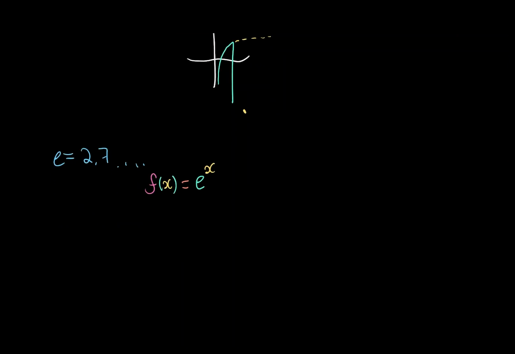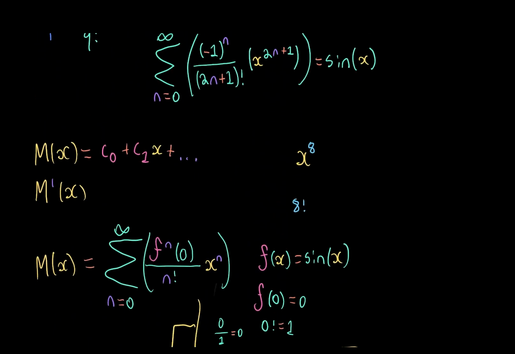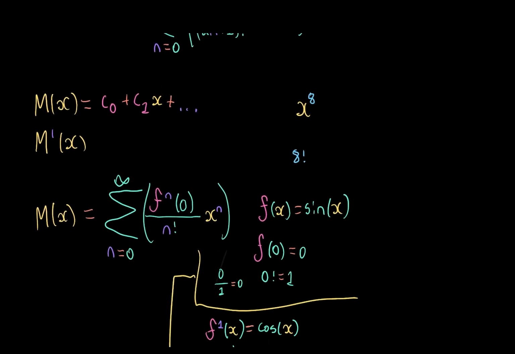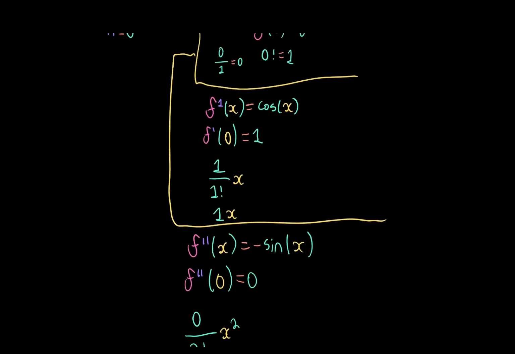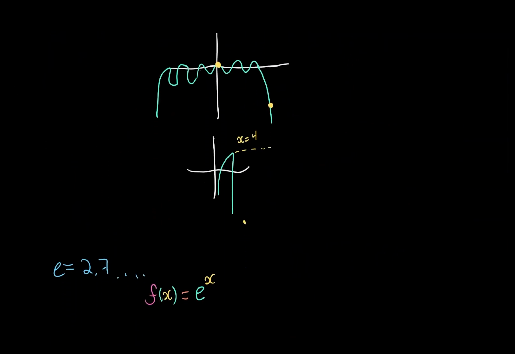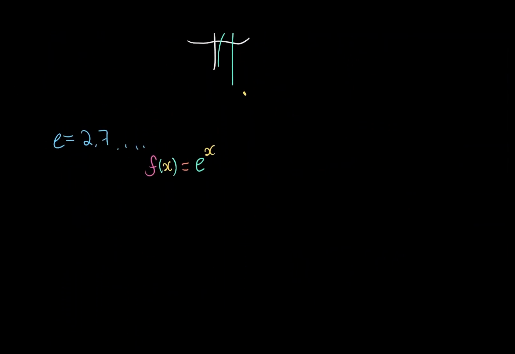Okay, well now let's use our Taylor series and let's center it at 0, since that just makes things a lot simpler. So remember that formula right here, right? Okay. So it's going to ask us for f of 0.